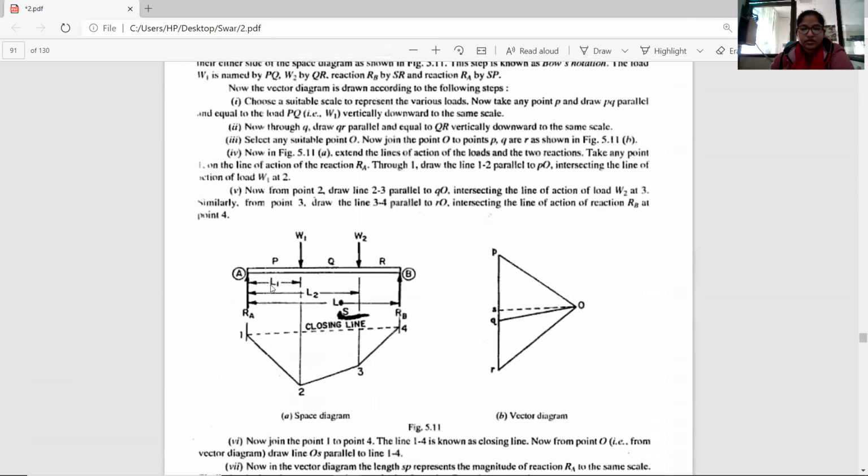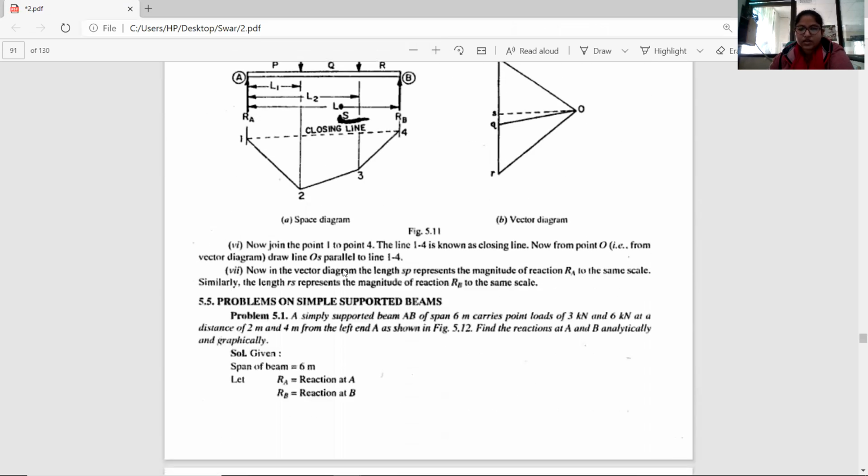Like this, there are so many point loads in a beam, which we can take as questions.